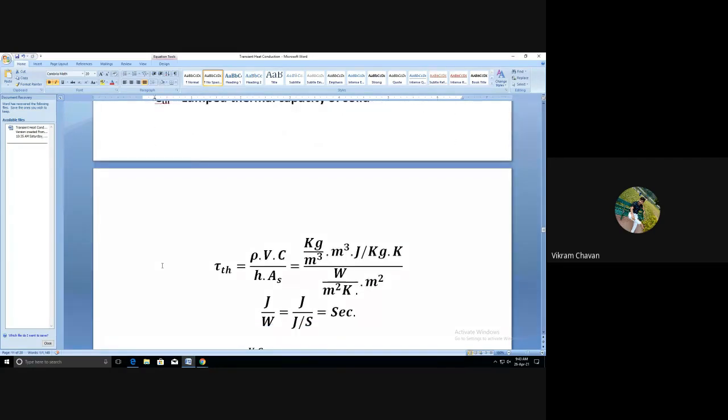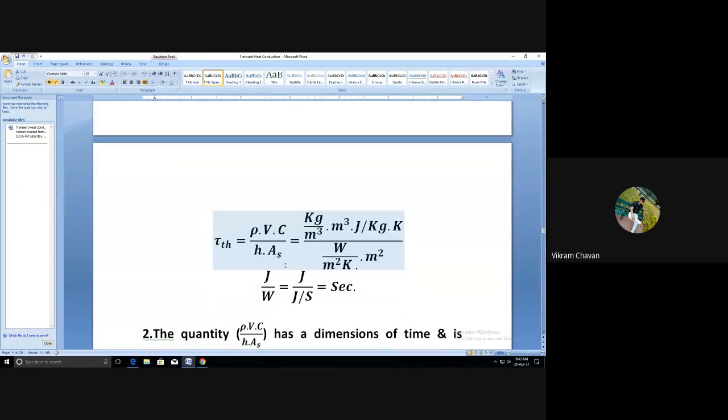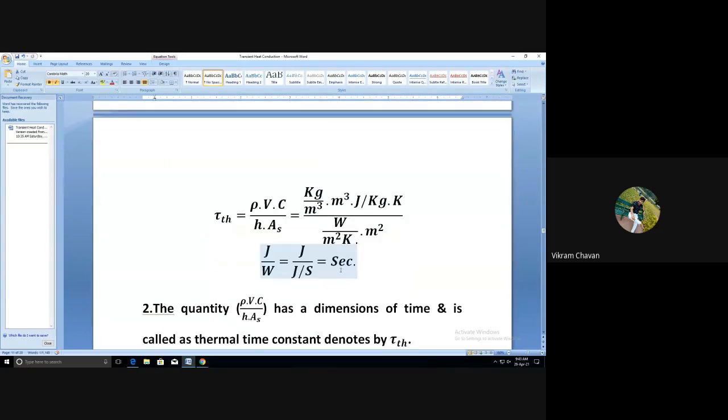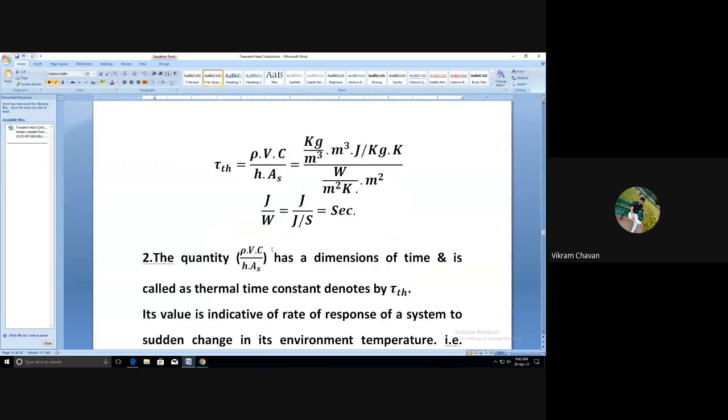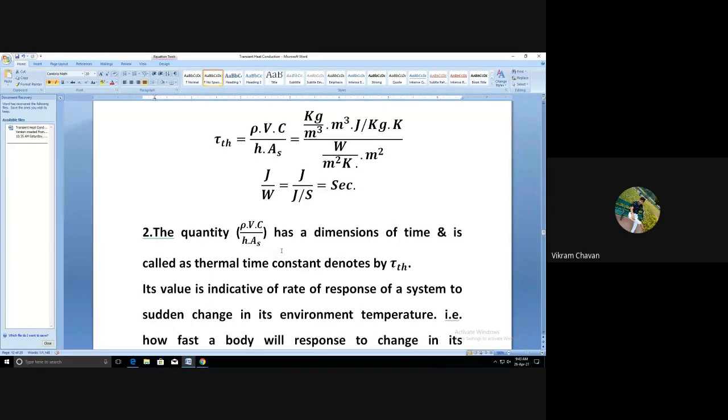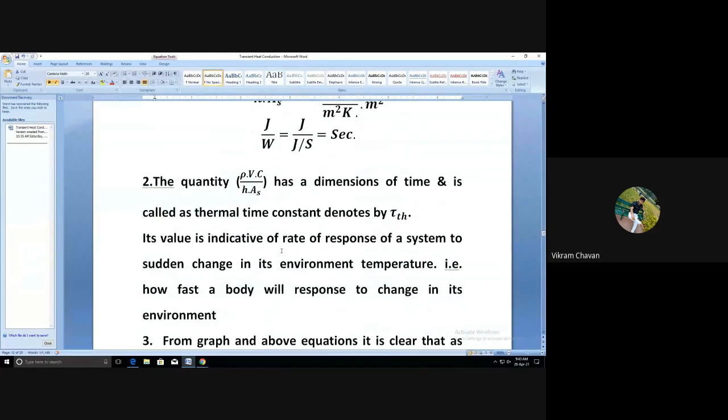To know the significance of tau, we took the units of all the variables and found that the unit of tau is second. It is called the thermal time constant, and its value represents the response of a system to a sudden change in environmental temperature, that is, the response of the body to the sudden change.